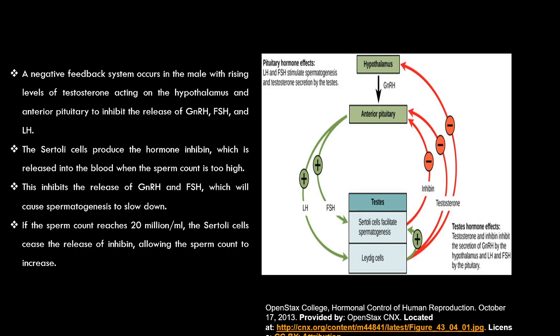This inhibits the release of gonadotropin releasing hormone and FSH, which will cause spermatogenesis to slow down. If the sperm count falls to 20 million per ml, the Sertoli cells will again stop the release of inhibin, allowing spermatogenesis to continue, so the sperm count will go back to normal.